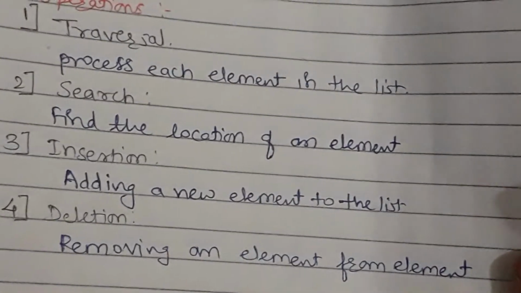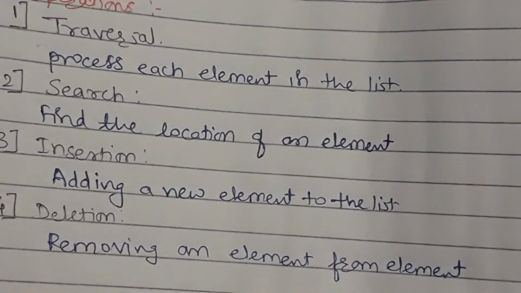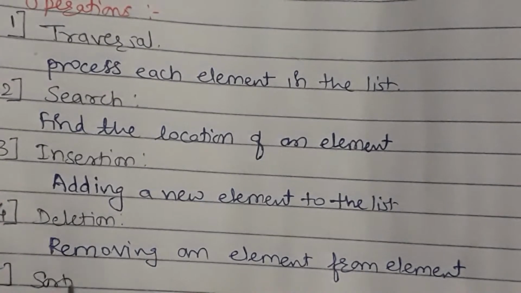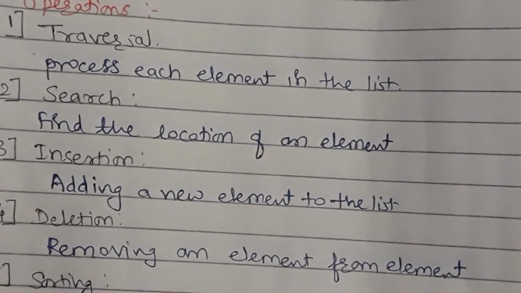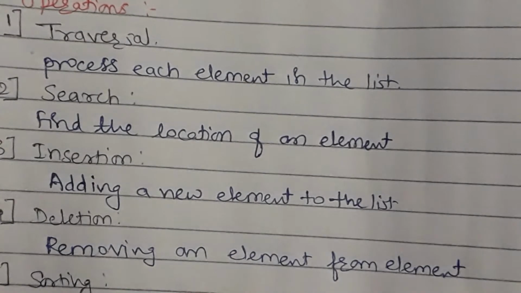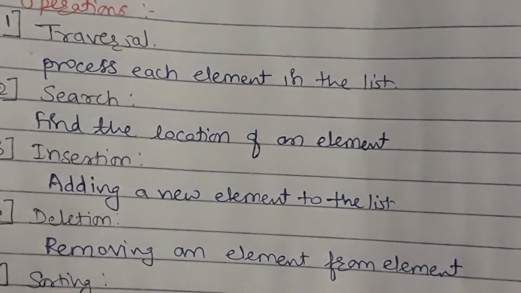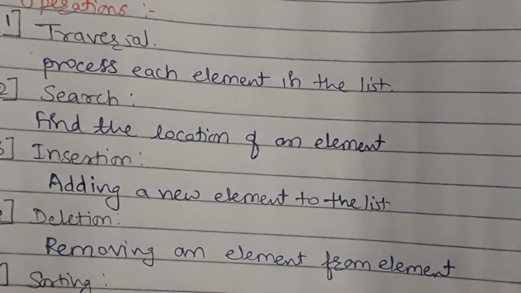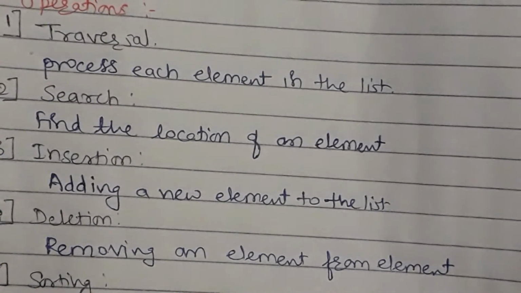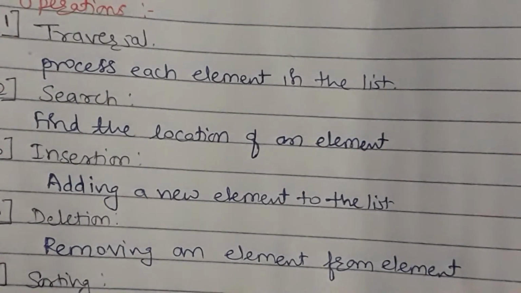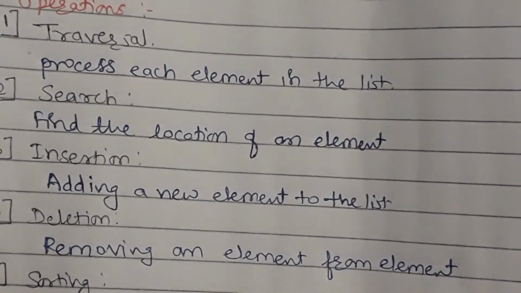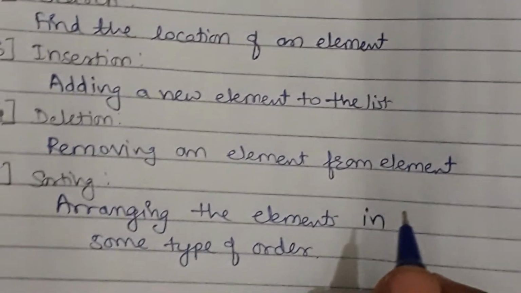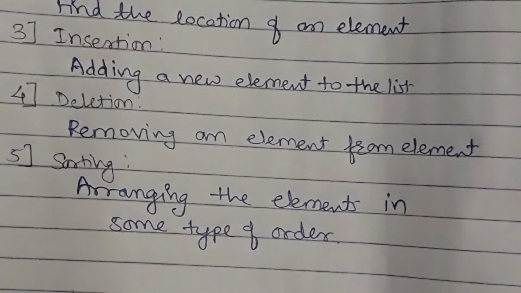The next operation is sorting. Within sorting, we have to arrange the elements in some type of order. That order may be ascending or descending.